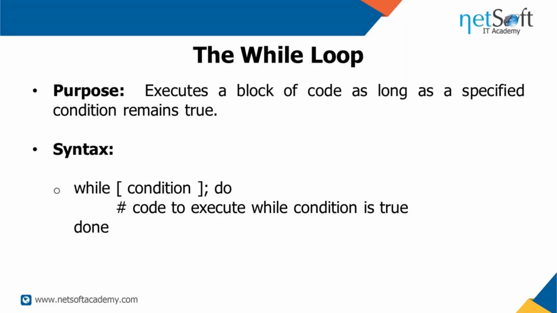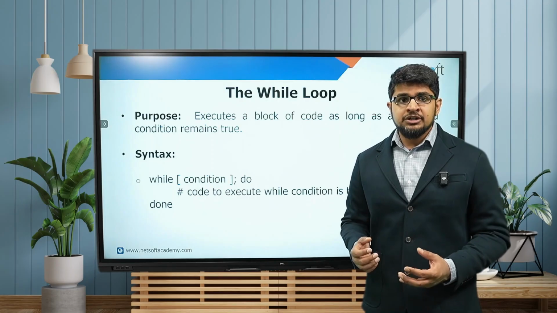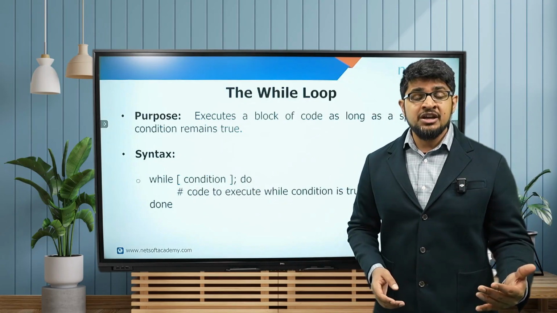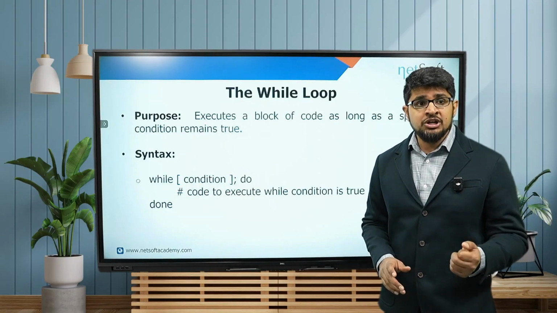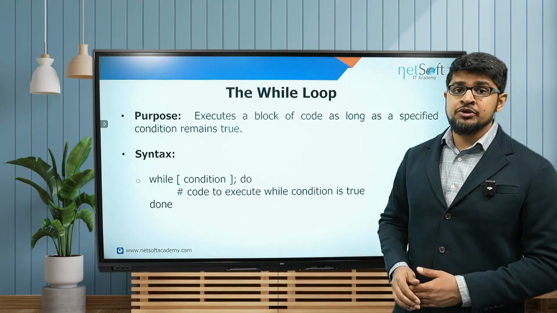So really, the purpose of the loop is to execute a code as long as a specified condition remains true. Inside the block, things can happen and certain code can actually make it so that this while condition can eventually be evaluated as false. But until that happens, this while loop will continue executing this piece of code.